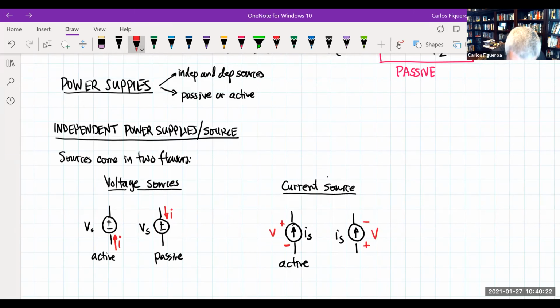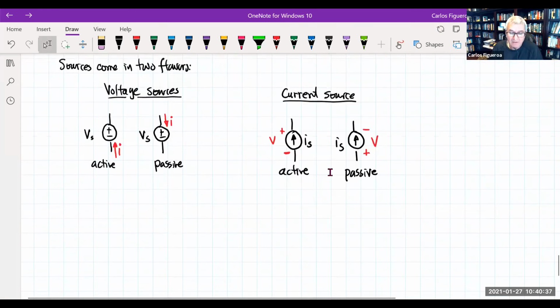Then this source here is passive. And those are going to be really important distinctions that you're going to have to master. Okay? So now let's go talk about independent sources here.